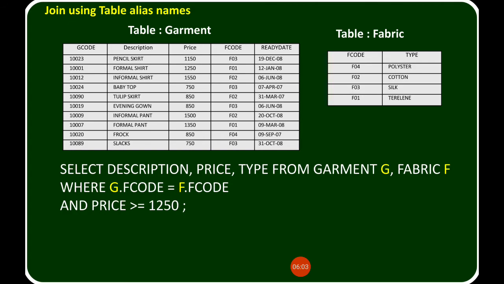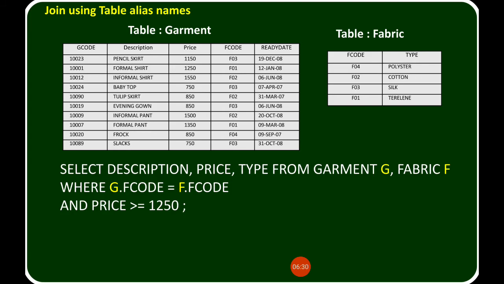For garment, suppose we write G, and for fabric we will write, suppose, F. Now in the where clause we don't need to write the entire table name again, because we have created an alias name here. So we can write G dot F code equal to F dot F code, and the price is the same, greater than or equal to 1250.